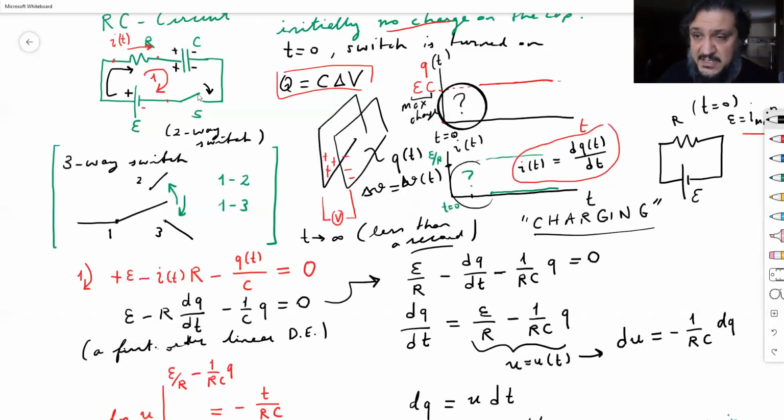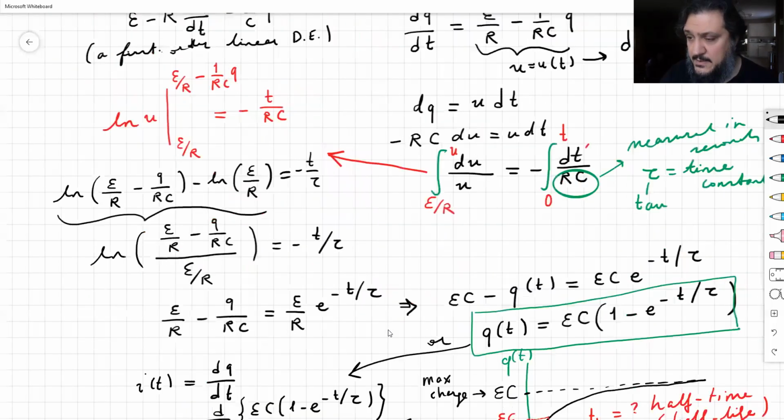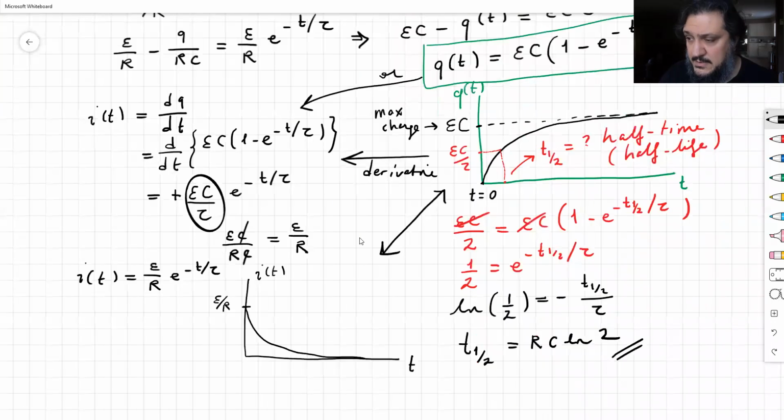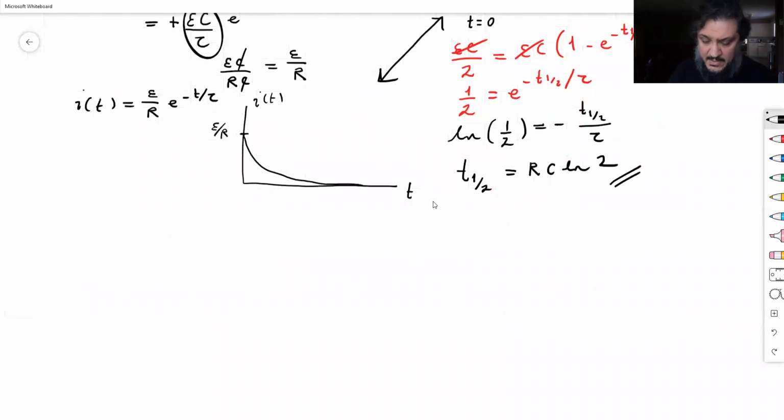So this switch is not enough to do that, so I'm going to go back to this two-way or three-way switch, however you want to call it. So let me draw again what that would look like. So you have the resistor and the capacitor, and you have the battery here.